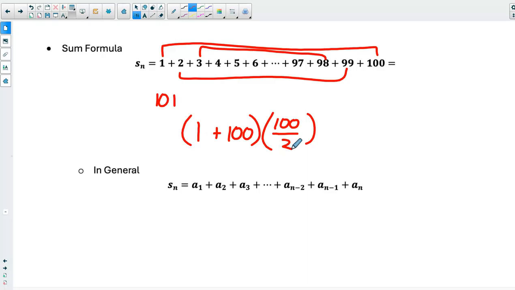Now we're not actually going to calculate this, but we are going to generalize the formula. And so in general, our formula looks like this. The sum of this becomes our first term, which is a sub 1. And then I take my last term, which in this case was 100, but so that's going to be plus a sub n.